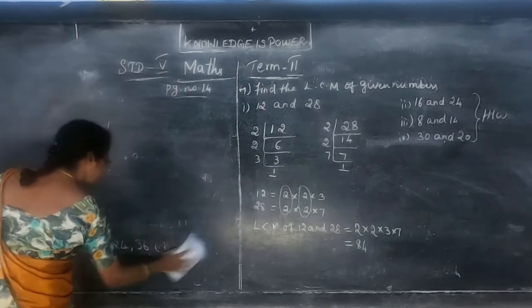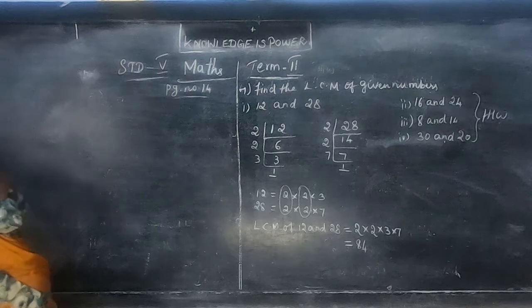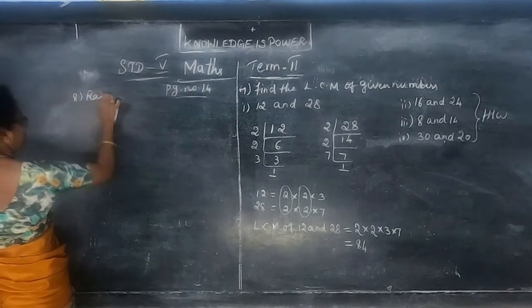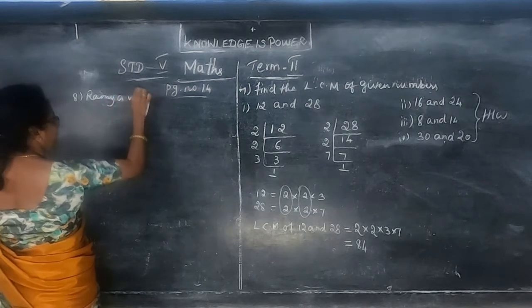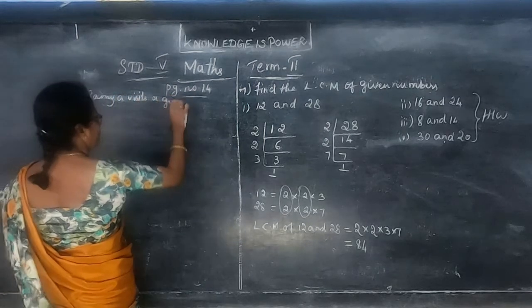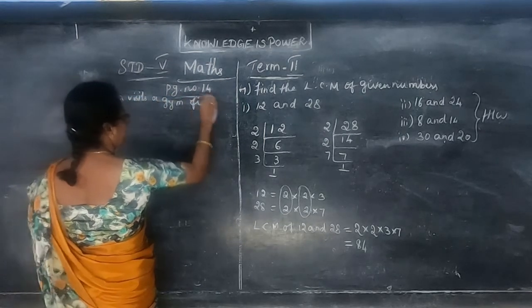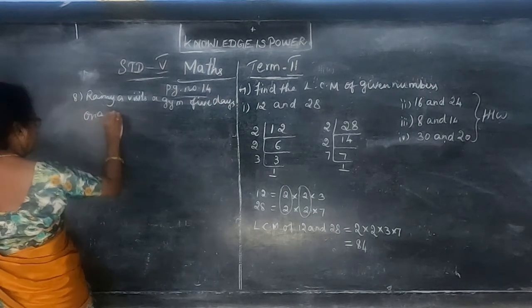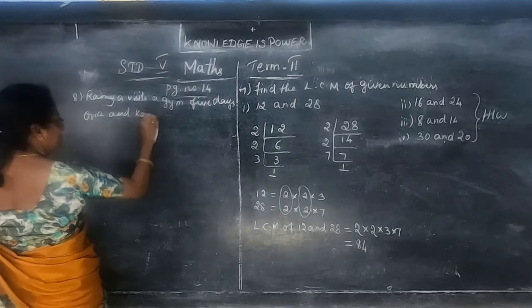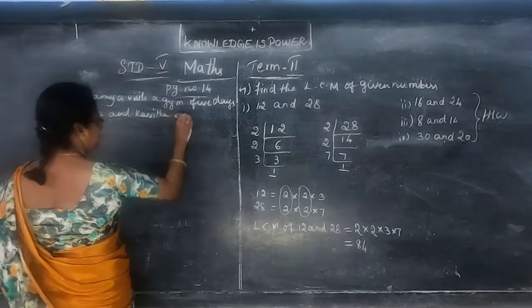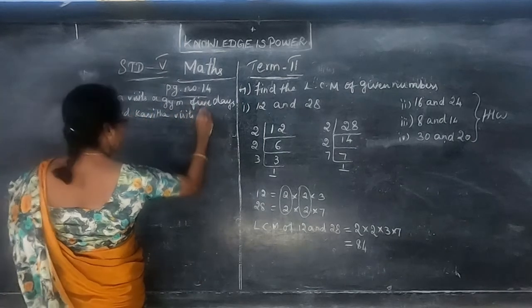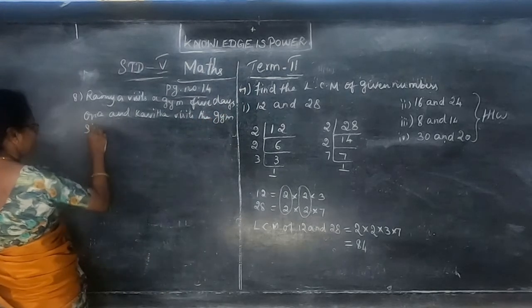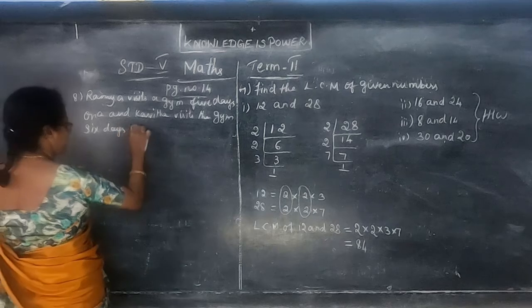Now the problem is here. Ramya visits the gym 5 days once, and Kavita visits the gym 6 days once.